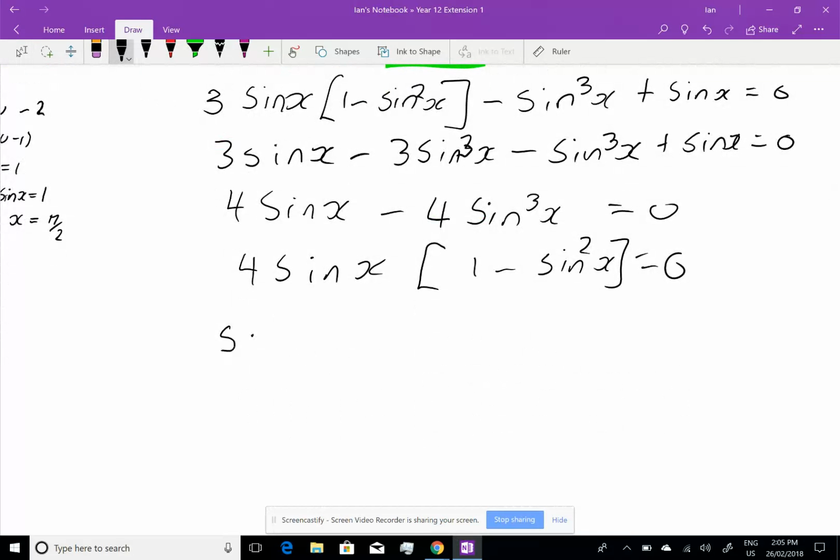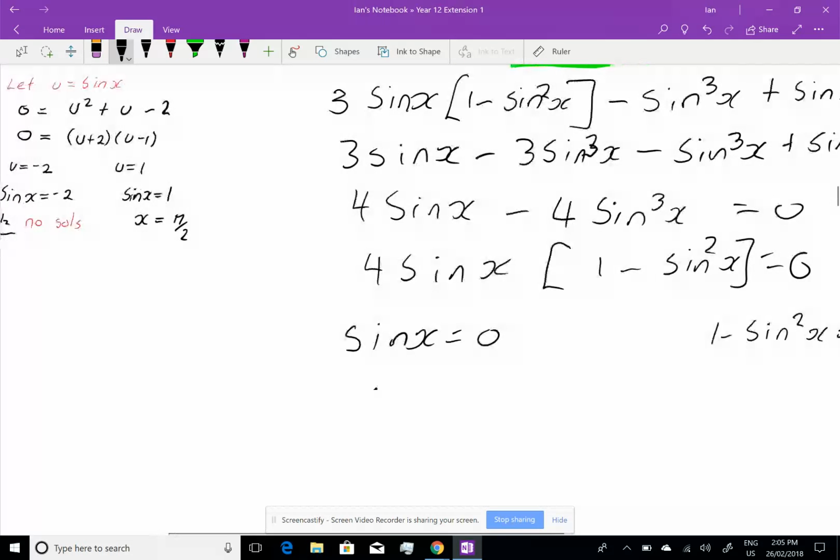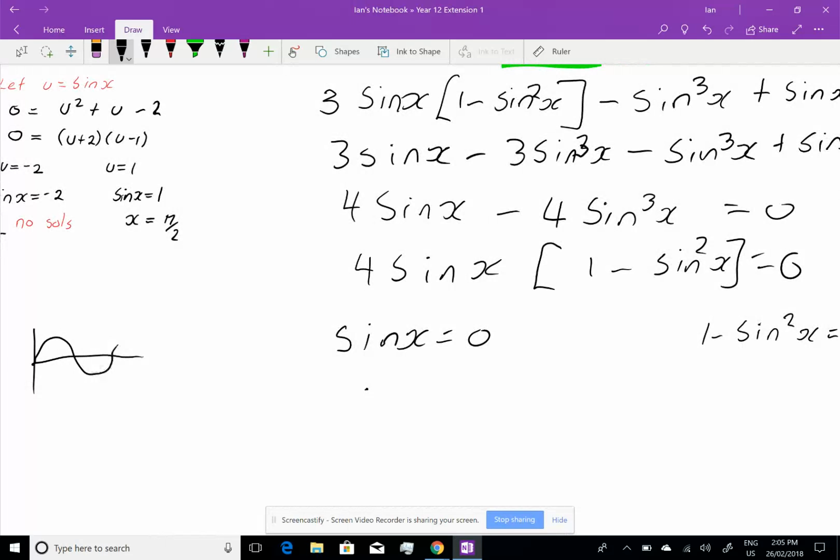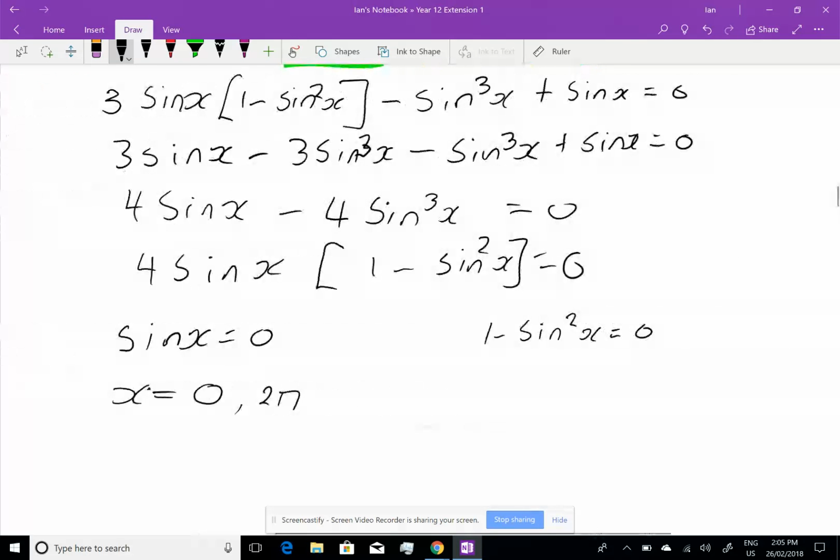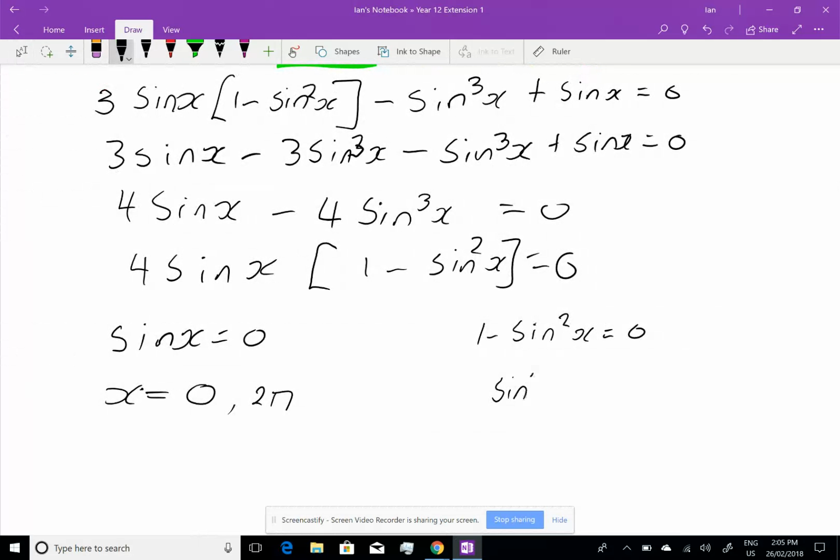Well, that means either sine x equals 0 or 1 minus sine squared x equals 0. Sine x equals 0, what does that look like? Between 0 and 2 pi, that means x equals 0 or 2 pi. Or sine squared x equals 1, which means sine x equals plus or minus 1.